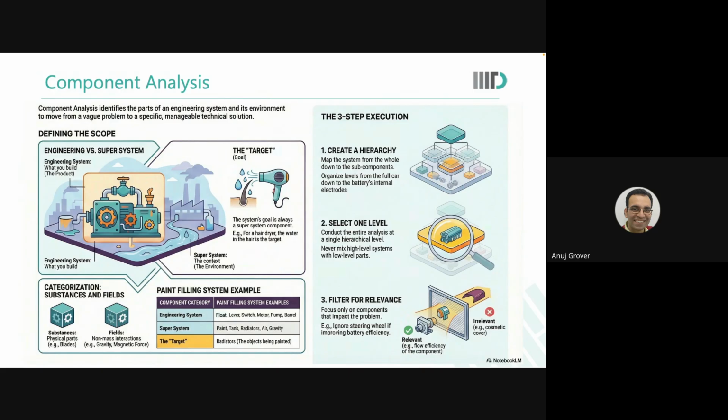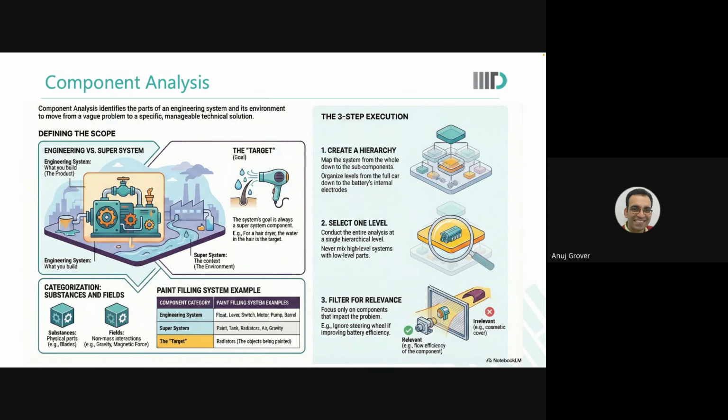As you move up the hierarchy, those components will become super system components. For example, we took the example of a car and the alternator battery charging system. If you're talking about that, then the steering wheel cannot be a component of your system. It can be a component of your super system.